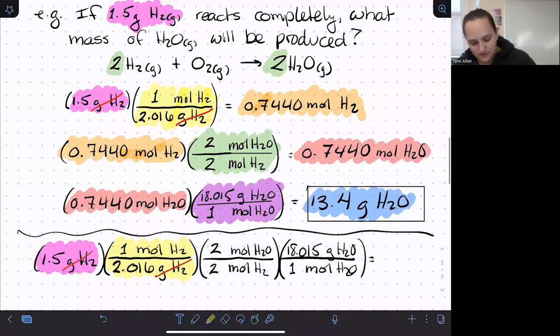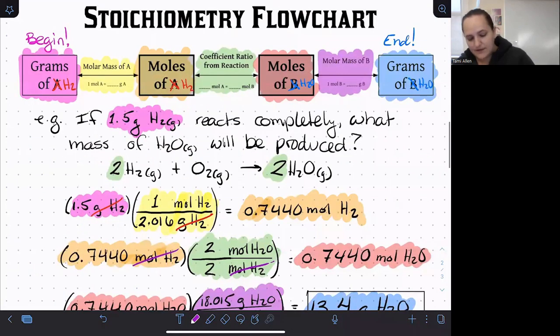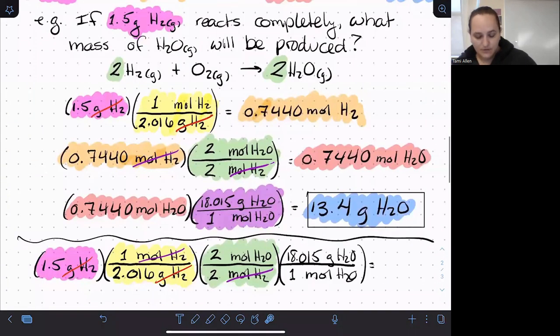We can see that moles of H2 cancels moles of H2, just like it did up here. And then last but not least, we needed to take that resulting number of moles and use the molar mass of our second substance, water in this case, to convert to grams.